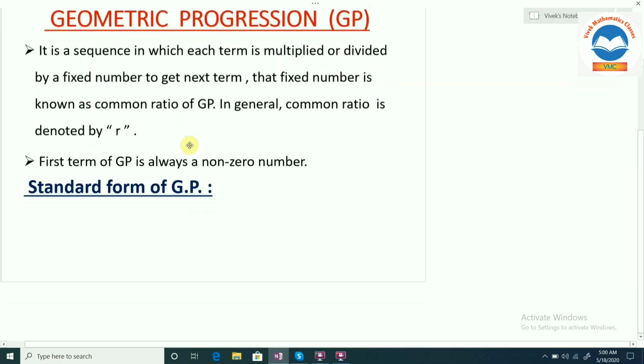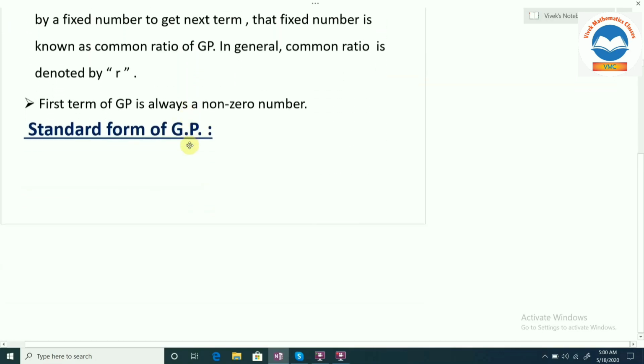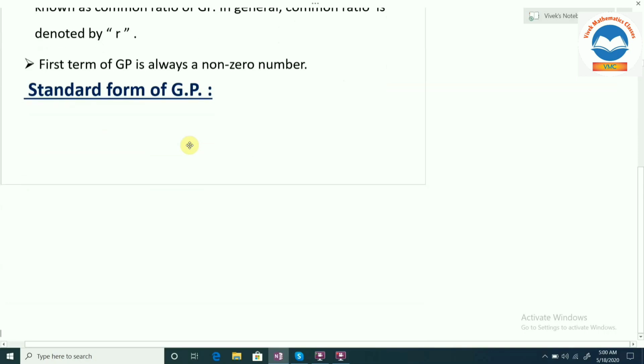So if you write the standard form of GP according to this formula, let's say our first term T1 is a and common ratio is r.